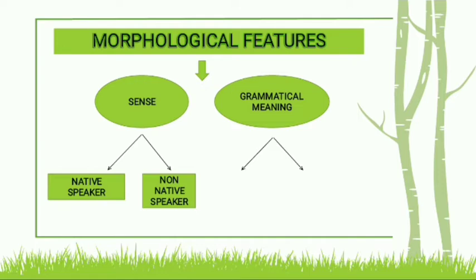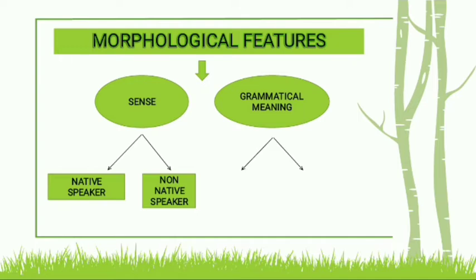Then for the non-native speaker, for example, Indonesian people who want to learn English and are given the word table. As a new learner, maybe they don't know the sense of that word, but if they already know the translation of that word in their language, they immediately know the sense.